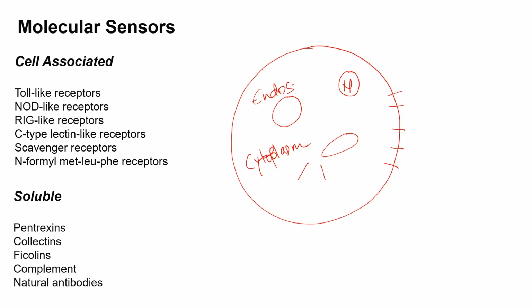Endosomes are specific cellular compartments inside the cytoplasm, and they also have certain kinds of sensors which can sense the antigen. We will discuss this in detail later when we study virus infection, but for the time being, when there is a virus infection, the viruses are internalized inside the host cell by receptor mediated endocytosis.